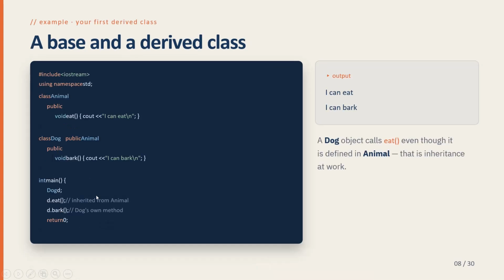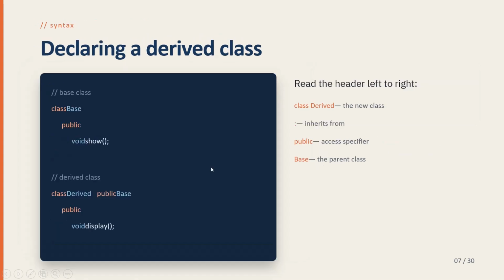The colon indicates inheritance. The word public is an access specifier for inheritance, and base is the name of the class from which derived inherits. So we read it as class derived public base. We can understand it as create a class called derived that publicly inherits from the base class.